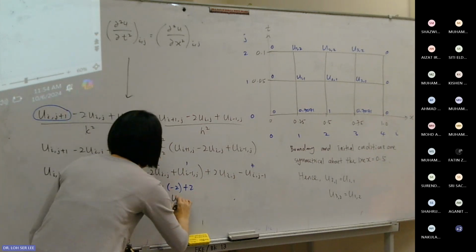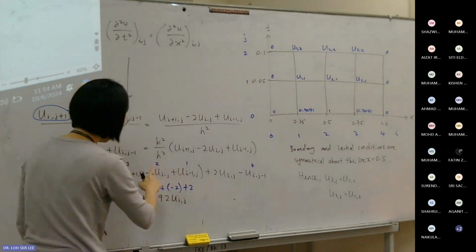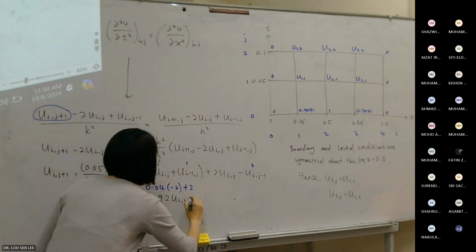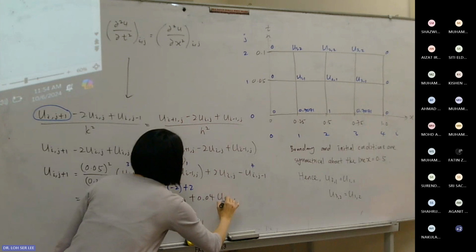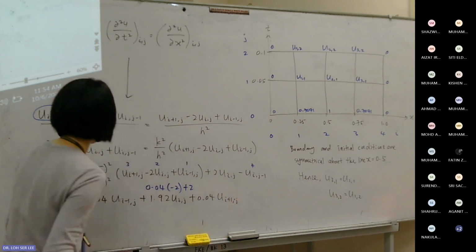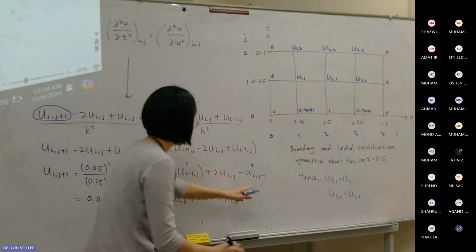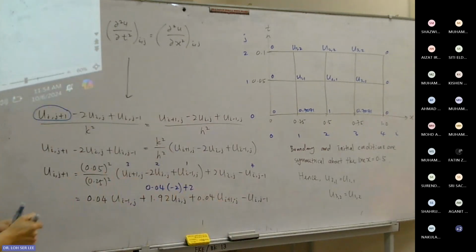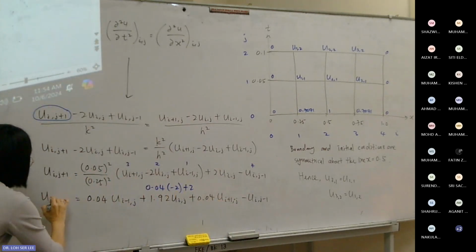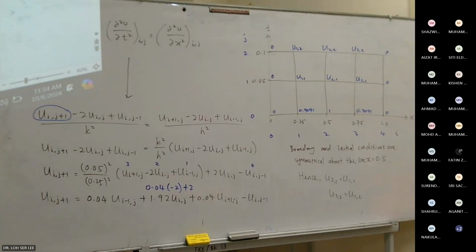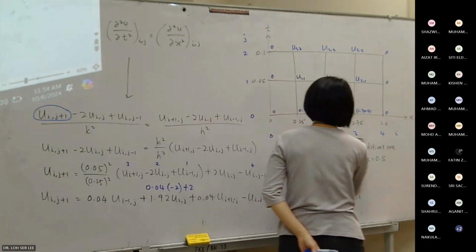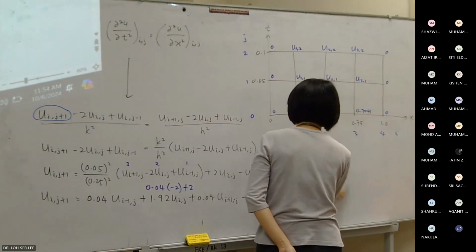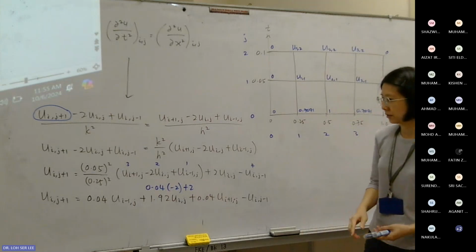Okay, this is for u i j. And then the third one, 0.04 u i plus 1 j. Then the last one, minus u i j minus 1. Okay, so this is your first formula.